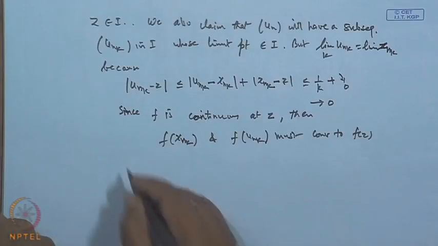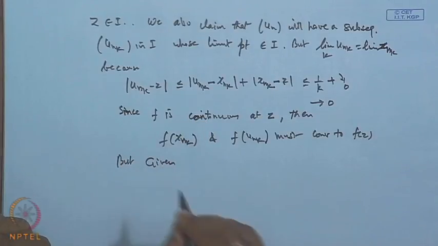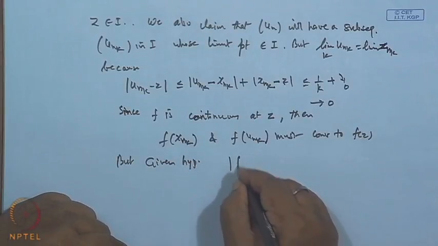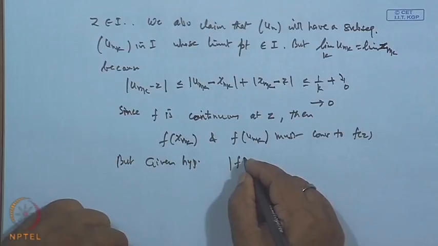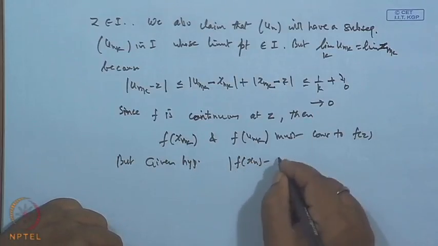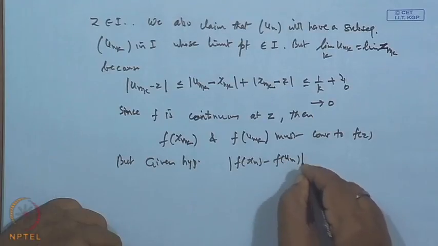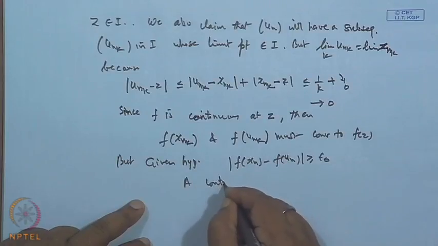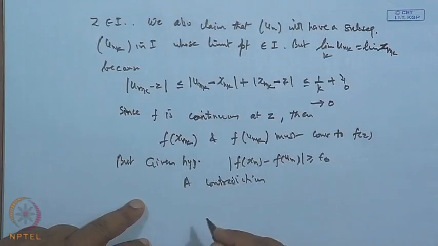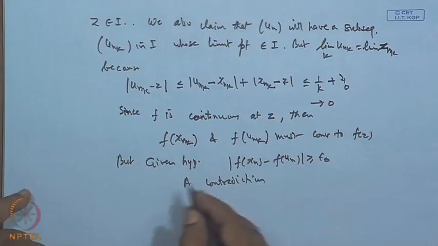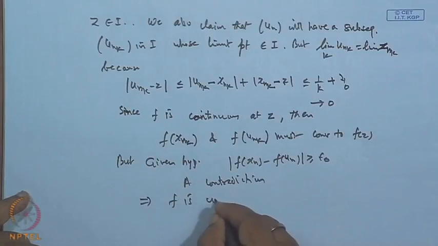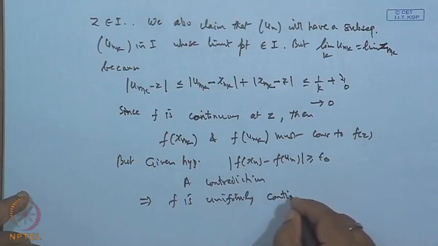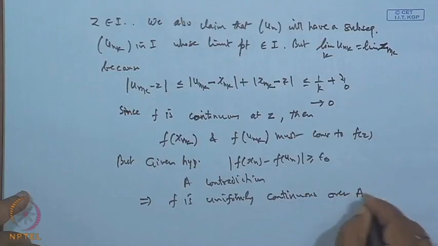But the given hypothesis is that the modulus of f(x_n) minus f(u_n) is greater than or equal to epsilon naught. This is a contradiction, and the contradiction arises from our wrong assumption that the function is not uniformly continuous. Therefore, f is uniformly continuous over I. That shows the result.